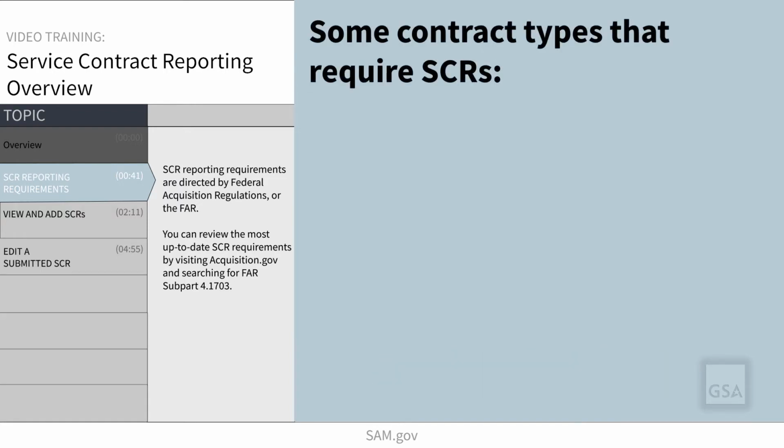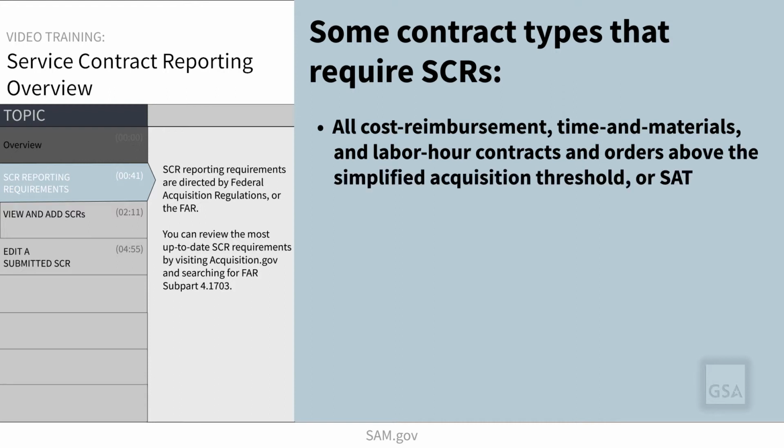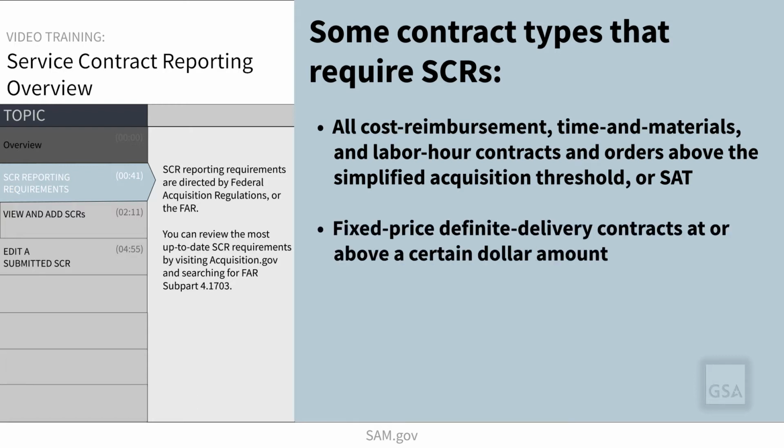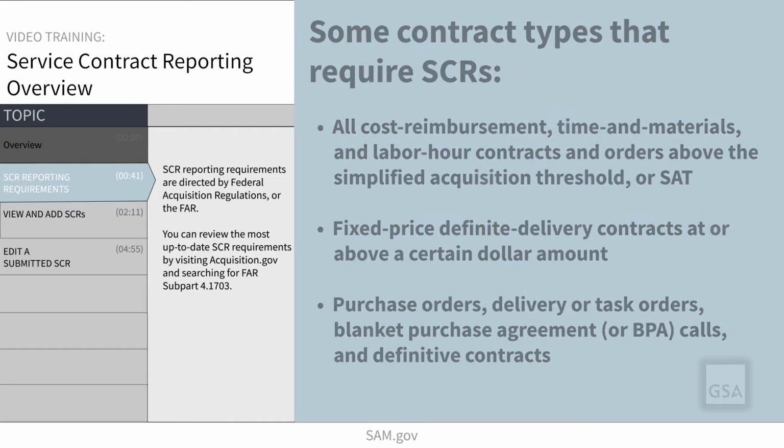Some contract types that require SCRs are all-cost reimbursement, time and materials, and labor hour contracts and orders above the Simplified Acquisition Threshold, or SAT. Fixed price, definite delivery contracts at or above a certain dollar amount. Purchase orders, delivery or task orders, blanket purchase agreements, or BPA calls, and definitive contracts.